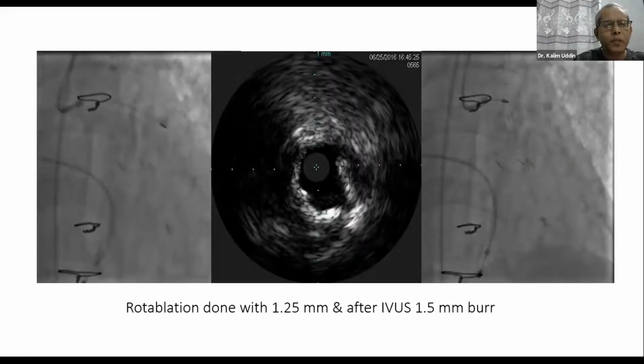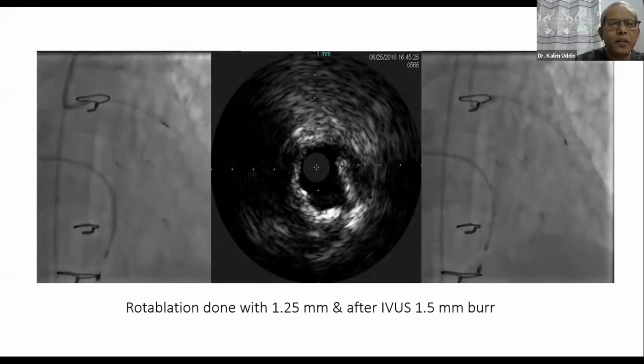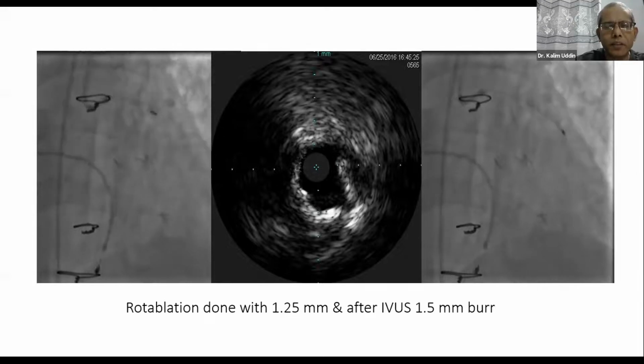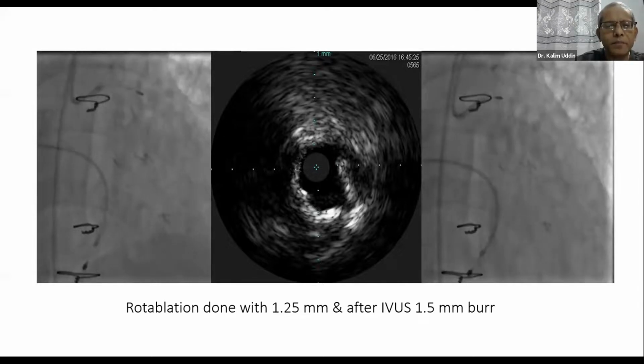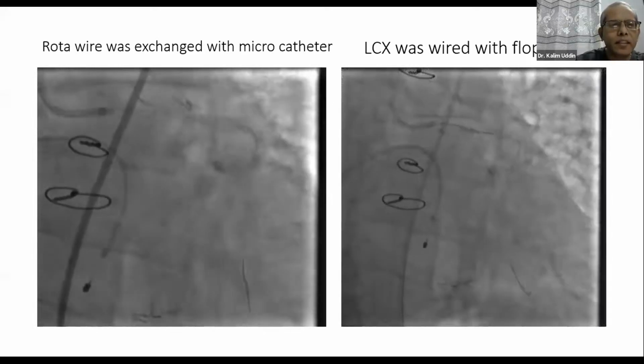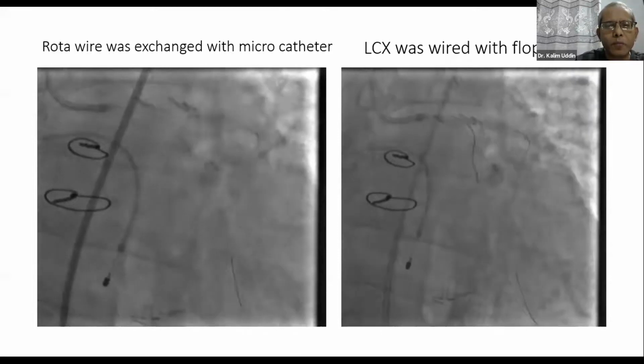Rotablation was done with a 1.25 millimeter burr. After the IVUS study showing a horseshoe appearance of calcification, we stepped up our burr to 1.5 millimeter. Then the rota wire was exchanged with a floppy wire via microcatheter, and the LCX was wired with a floppy wire.